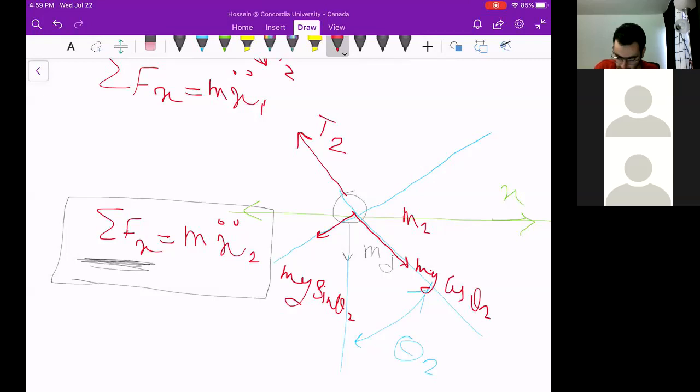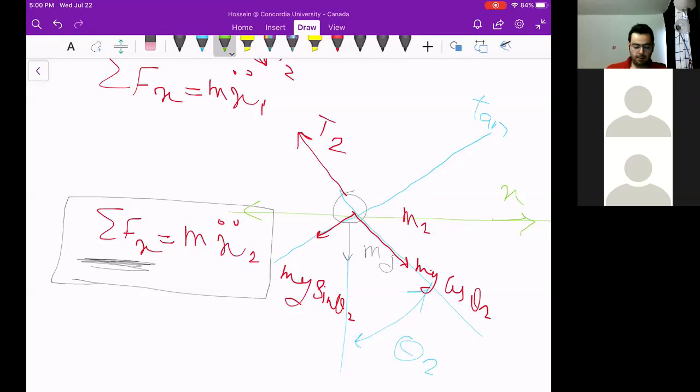Also, there is basically only one force. If you take a look here, this is a tangential direction, and the green one is the linear, right?